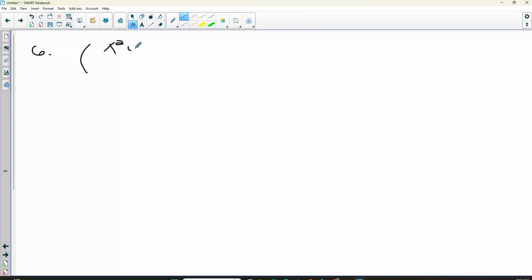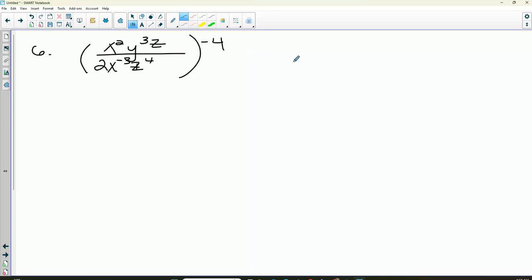We have x squared y cubed z. All right, there are different places you can start here. We can either simplify inside or take everything to the -4 to begin. Do you guys have a preference?